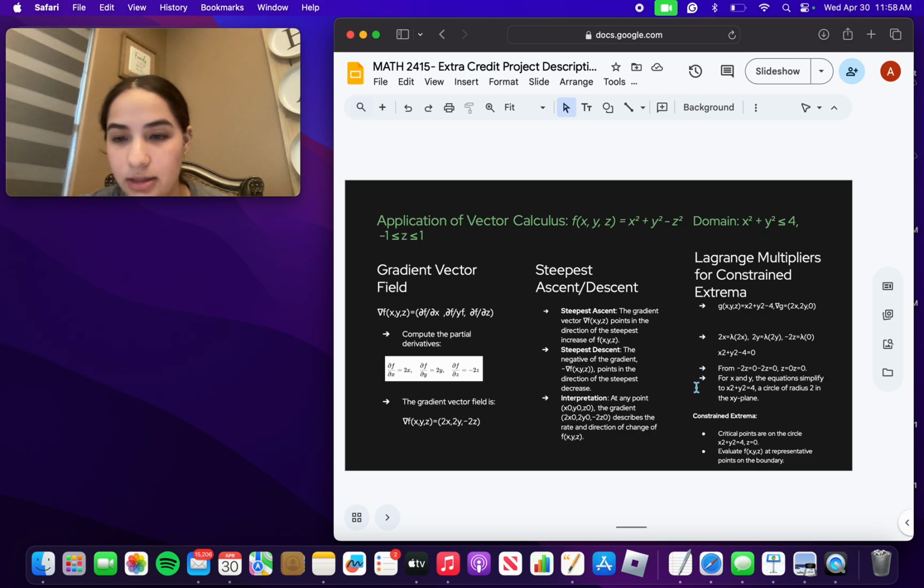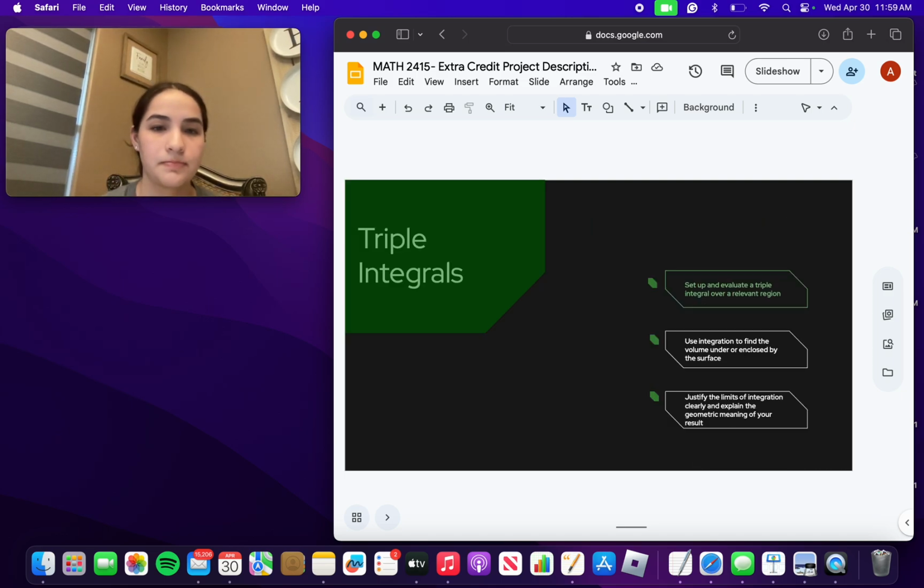For x and y, the equation simplified to x squared plus y squared equals 4, a circle of radius 2 in the xy plane. For the constrained extrema, critical points are on the circle x squared plus y squared equals 4 and z equals 0. We evaluated the function at representative points on the boundary.